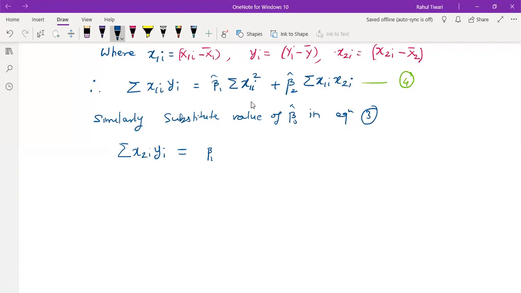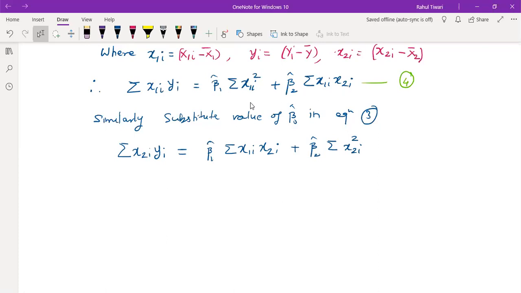now you can see beta 2 के time पे we have the covariance term. So similarly beta 1 के time पे now we have a covariance term. So x1i x2i plus beta 2 hat summation x2i square. See, in this expression we have beta 1 के time पे x1i square, but we are substituting in 3. That's why in beta 2 के time we have the variance term.